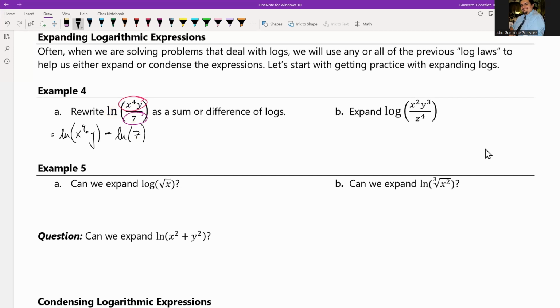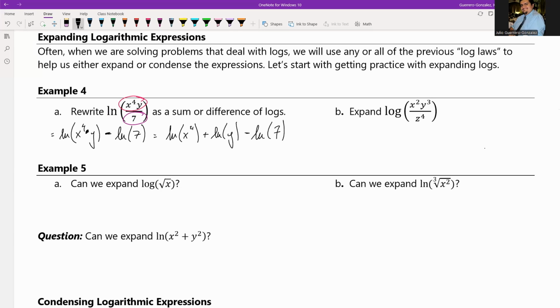This portion right here has got a multiplication in between. We can break that up into addition. So this is equivalent to ln of x to the fourth plus ln of y minus ln of 7.